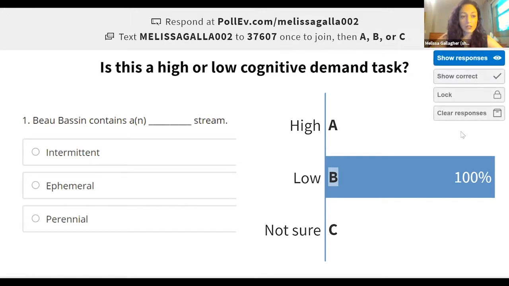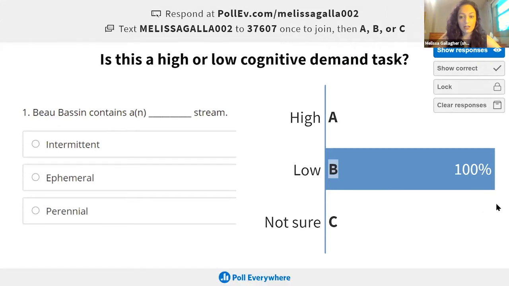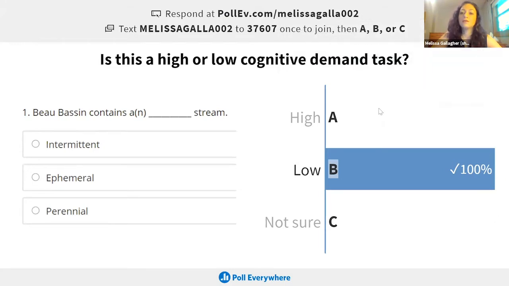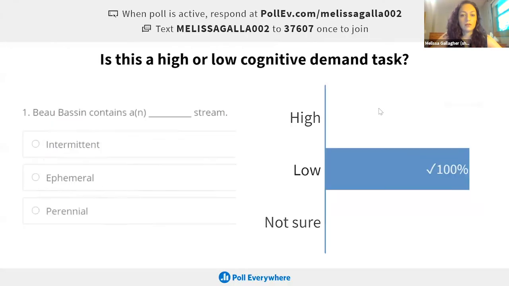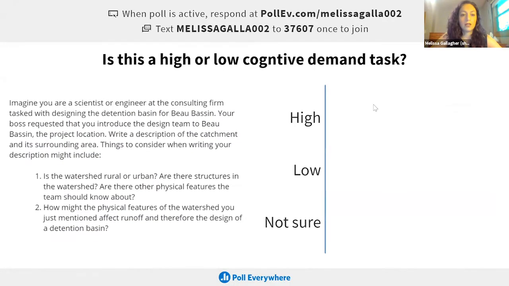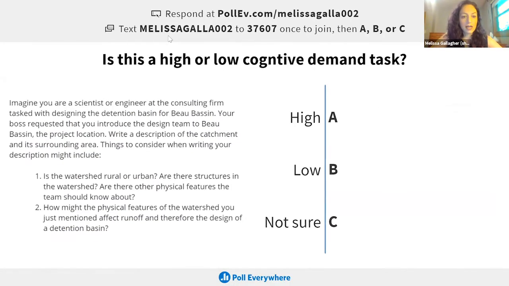Learning new vocabulary is important, and including vocabulary tasks as a check your understanding in HydroLearn certainly makes a lot of sense. In this case, it's a low cognitive demand task. All right, let's look at the next one. Here we go. Take a look at this task and let's vote again.